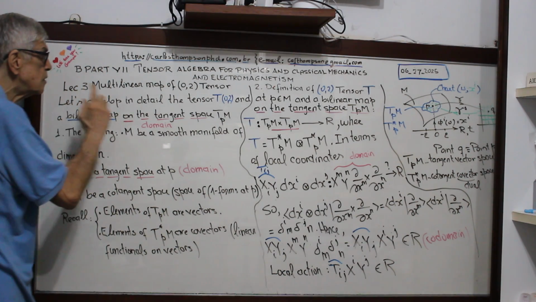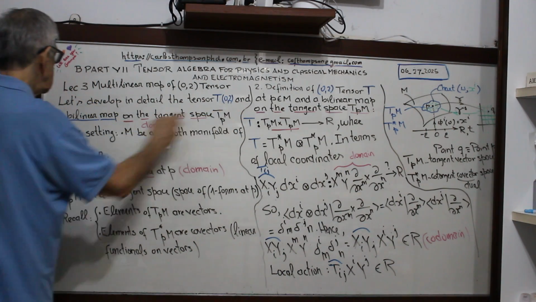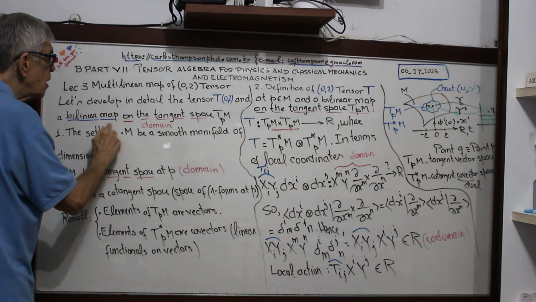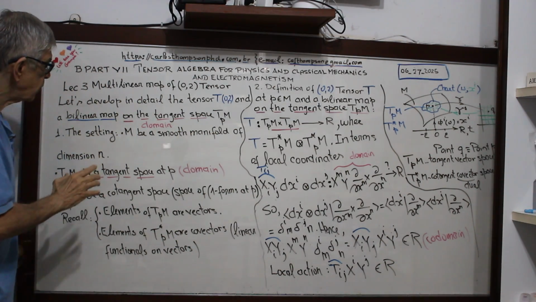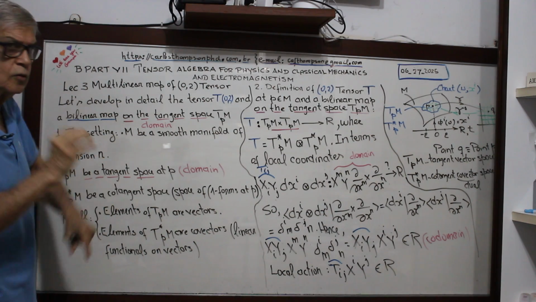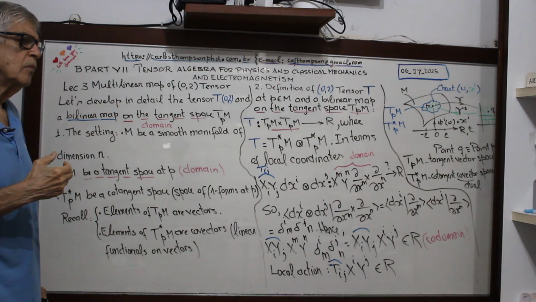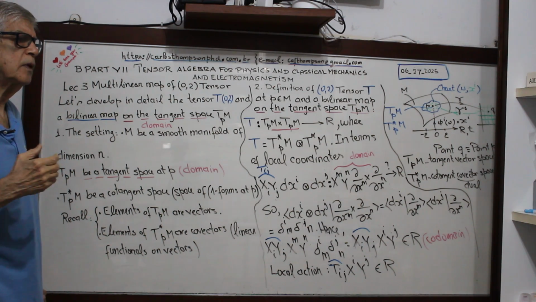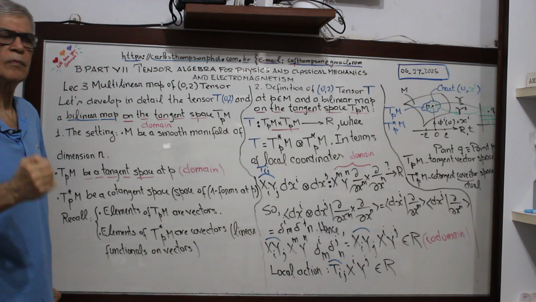Let's develop in detail the tensor T02 as a bilinear map on the tangent space TPM. You see, the tangent space is the domain. I'll give a similar example. Suppose in calculus you have y a function of x.